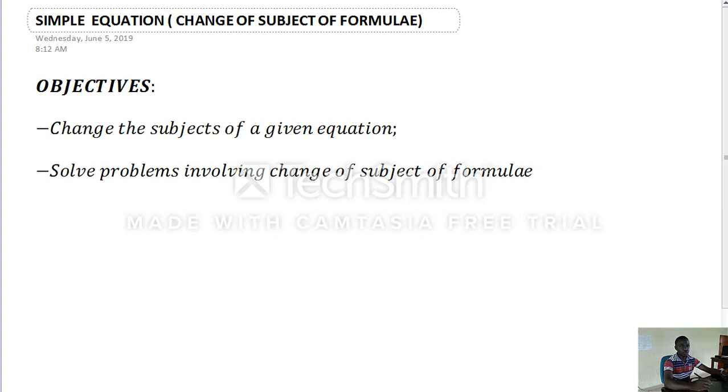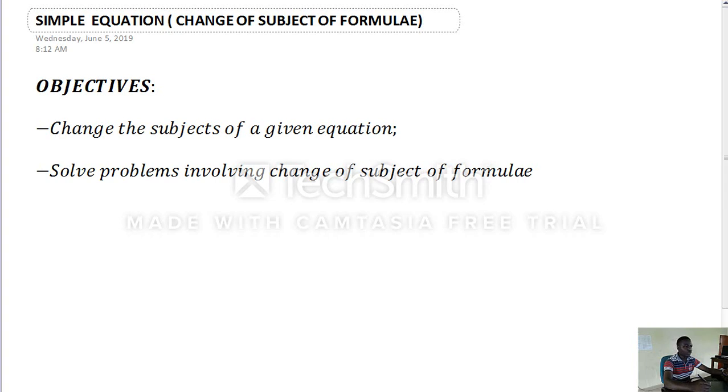Today's class is a continuation of our previous class on the subtopic change of subject of formulae. Previously, we defined what we mean by change of subject of formula, and we have seen examples and equally solved exercises on those examples.